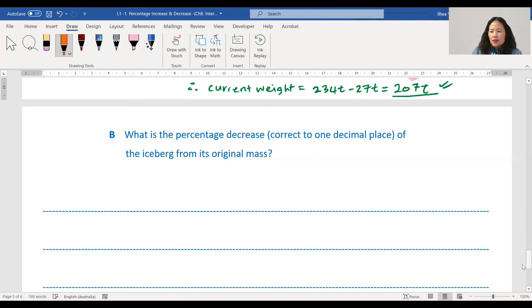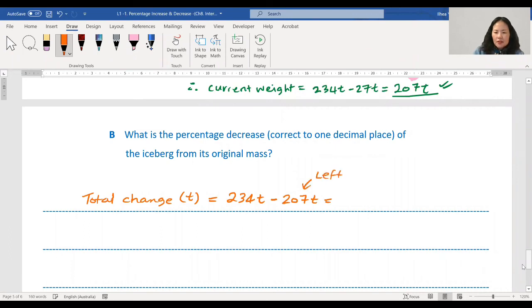So that's already done for you. Let's have a look. If we did the total change in tons, it's what, 234 originally we had. And from the part A, that's how much is left, isn't it, after 3 years?